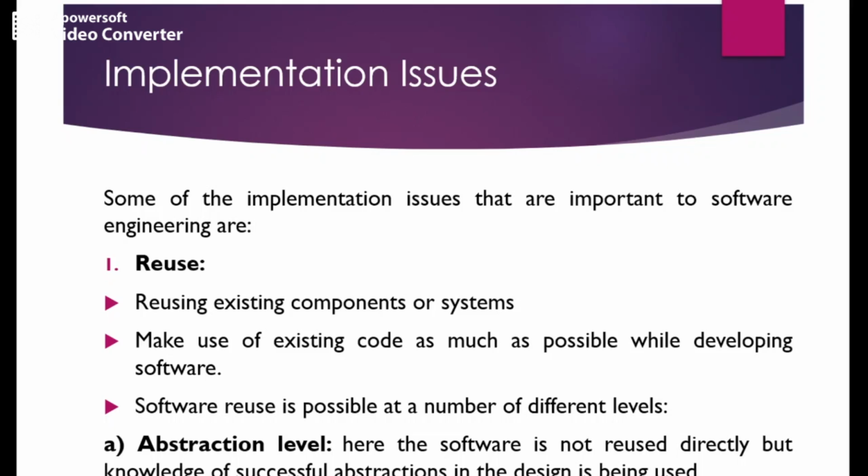So in this level, you are not reusing the software directly. What you are using is the knowledge of successful abstractions which you have used in the design process. That has been reused here. Okay.